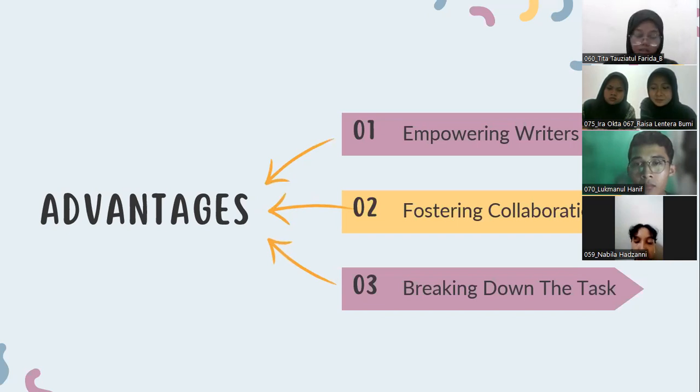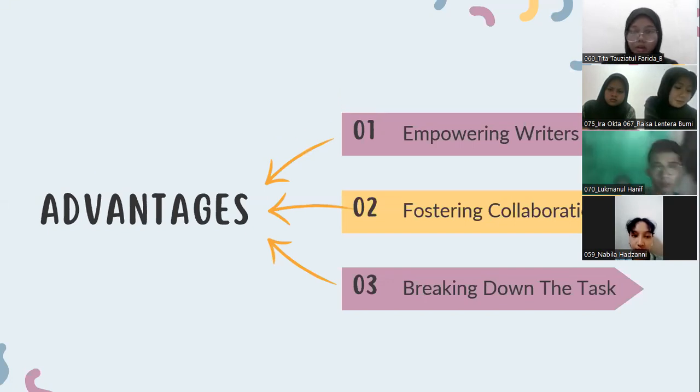For the first one is empowering writers. A process-based approach encourages writers to understand and refine their writing strategies and techniques, which can help them become more confident and effective writers. And for the second is fostering collaboration.